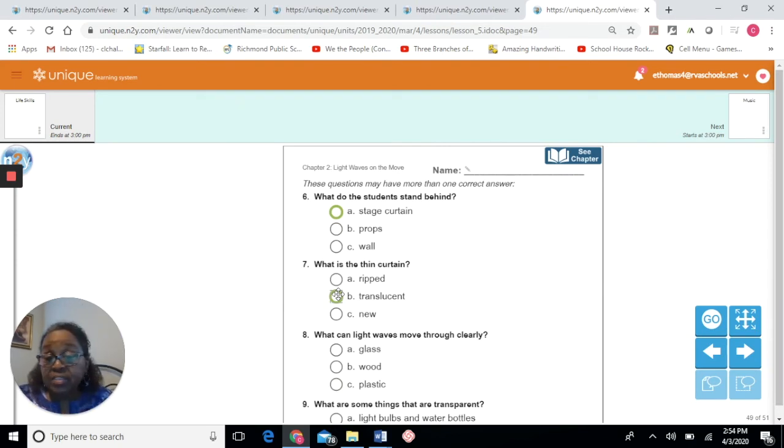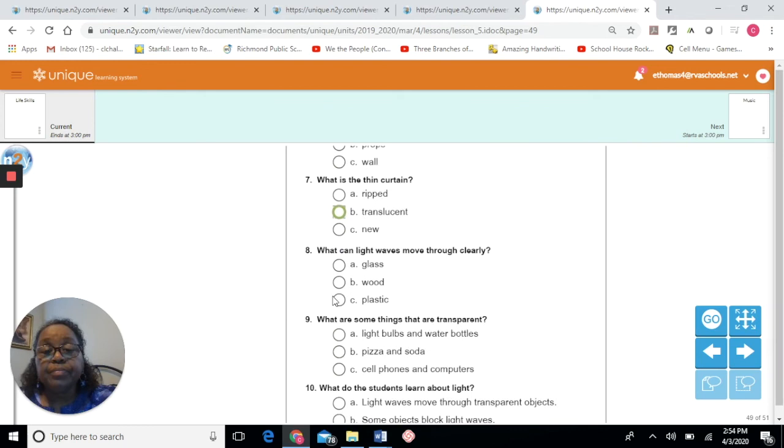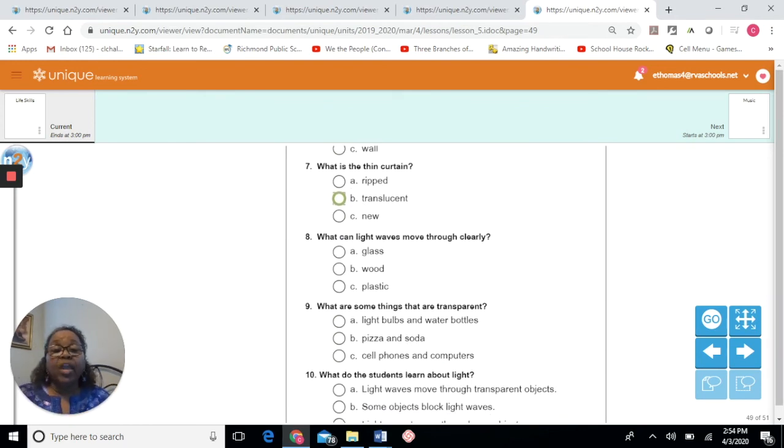So I don't think C is the answer either. Let's see if we get a red mark for that one. Excellent. We were right. There is only one answer for this one also. What is the thin curtain? It's translucent. Excellent.